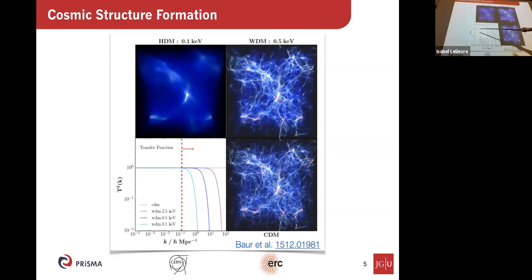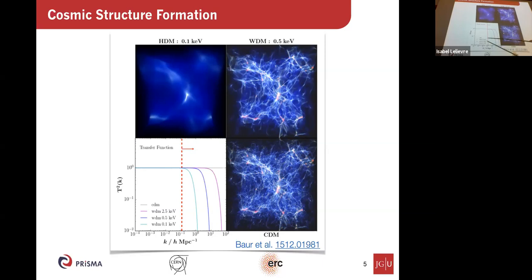That's shown here, for instance. That's the so-called transfer function, which shows how the small fluctuations at early times relate to the large fluctuations at late times. You see here a strong dependence on the dark matter mass, especially at large k, which corresponds to small scales.